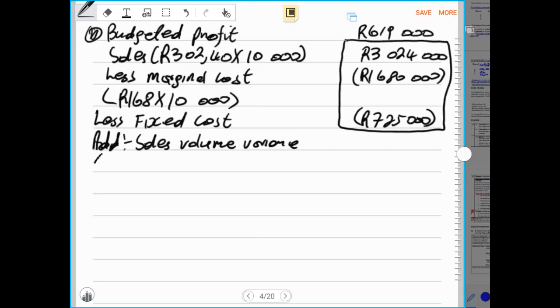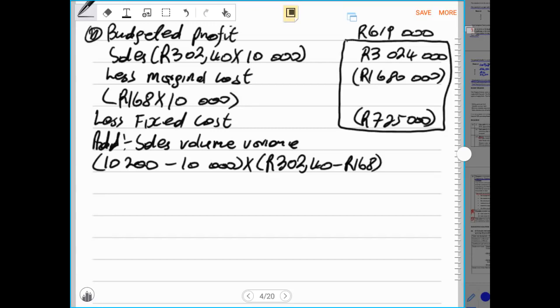So my sales volume variance will be my actual sales of 10,200 minus budgeted sales of 10,000, times the standard selling price, or in fact times the contribution. Remember, my contribution will be 302 rand 40 cents minus 168 rand. I will do this calculation again separately.